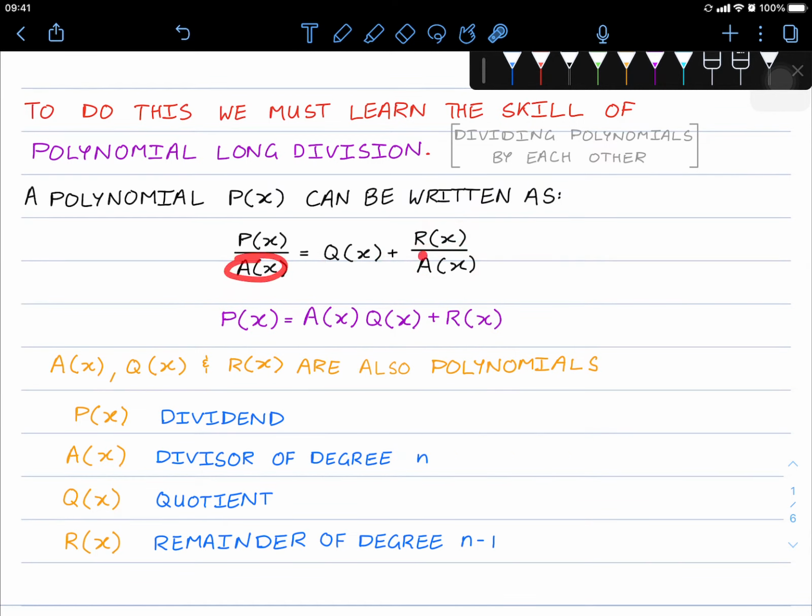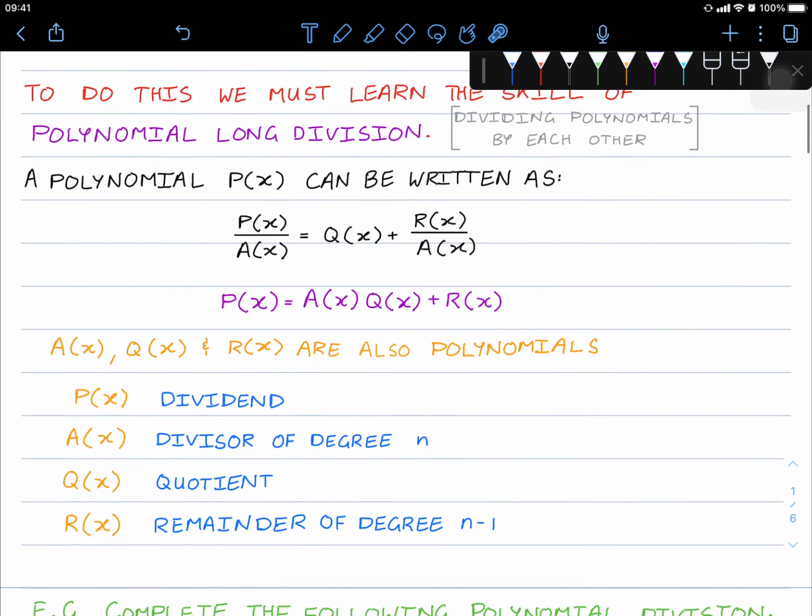If we multiply both sides by a of x, it cancels with this side, it would multiply with q of x there, hence why we get this expression, and it cancels with this expression here, leaving us with this.